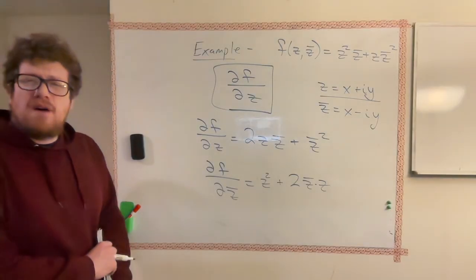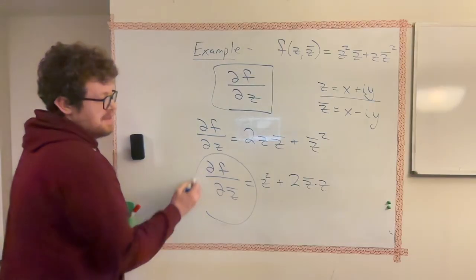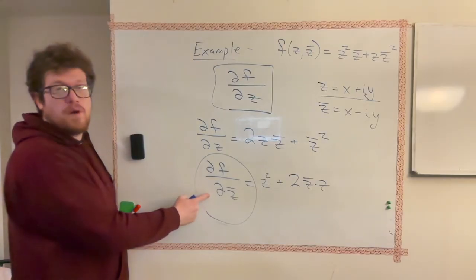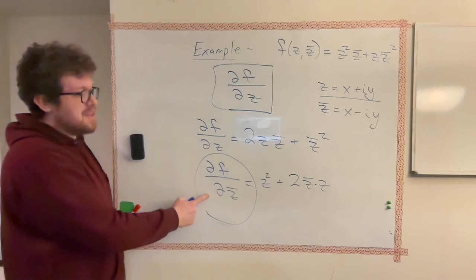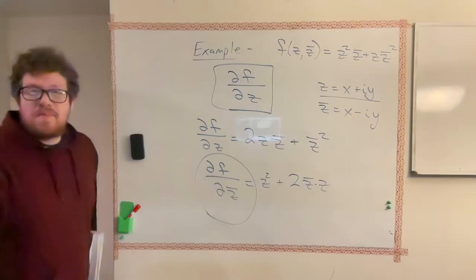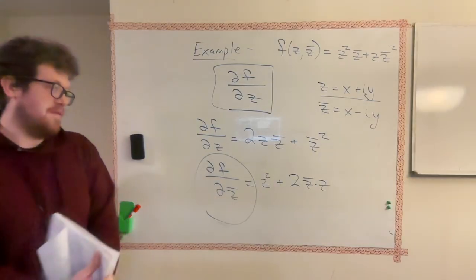So for complex analysis, it's going to be very important whether or not this derivative vanishes. The derivative with respect to z bar. You can think of this as like the antiderivative. So it's going to be very important that this is equal to 0, essentially, for complex analysis.